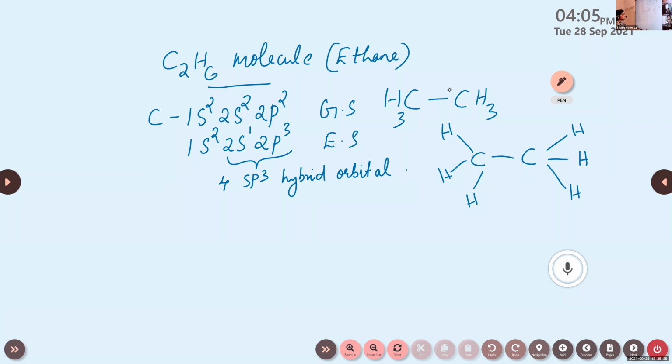So here there are 4 sp3 hybrid orbitals for each carbon atom.